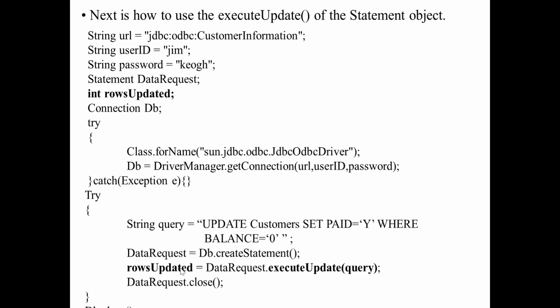Then dataRequest equal to db.createStatement, and rowsUpdated is an integer because we have to update the query. So rowsUpdated equal to dataRequest.executeUpdate of the query, and once the update query is executed, the statement is closed by using dataRequest.close and db.close.